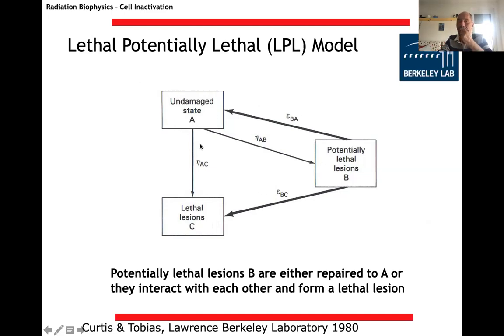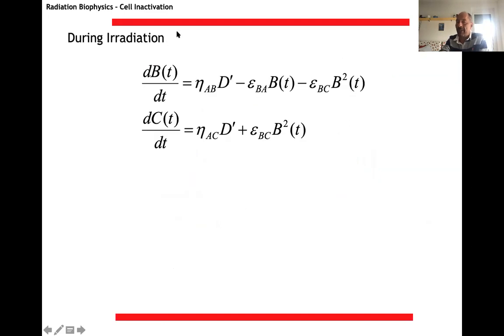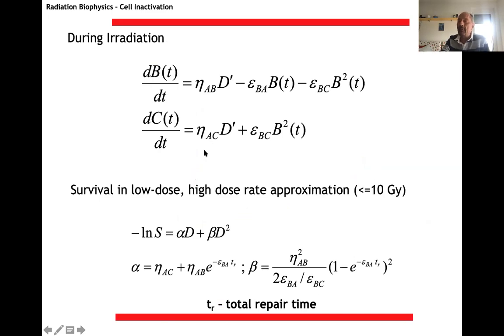So how you go from a damaged state to a lethal lesion, these are all kinetic parameters here of differential equations. You see, you will have this kind of differential equations now, time dependent, because of course this happens during the irradiation. And then at the end, you come out, interestingly enough, you will see that these parameters, if you are in the low dose, high dose rate approximation, less than 10 gray, you actually come out with a linear quadratic equation.